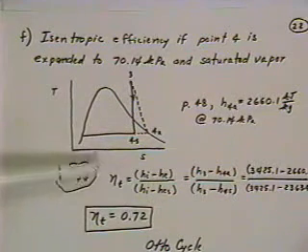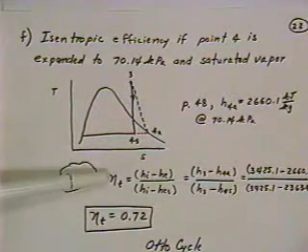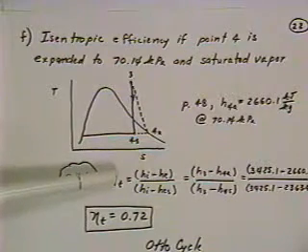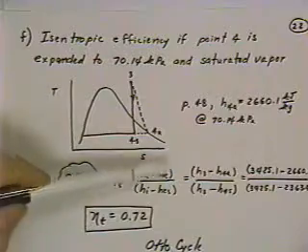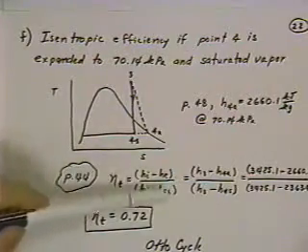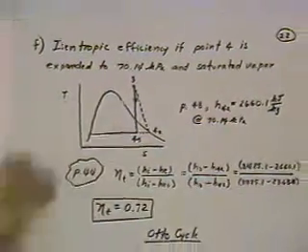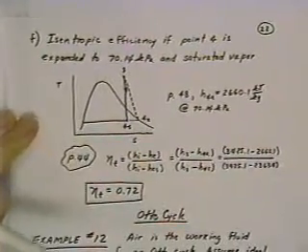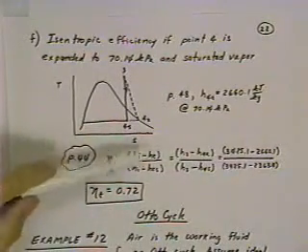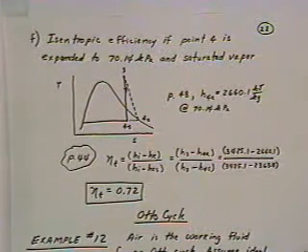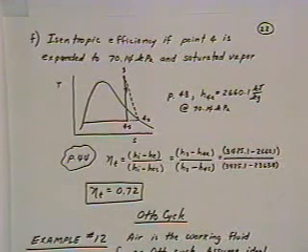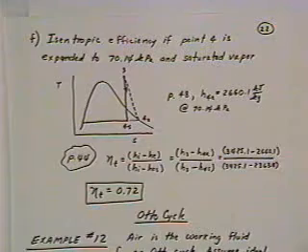Now, the isentropic efficiency, however, deals with the efficiency of the actual expansion of the turbine compared to the theoretical expansion of the turbine. So it's efficiency involving HI minus HE over HI minus HES. And so isentropic efficiency says how well does the turbine approach isentropic conditions.